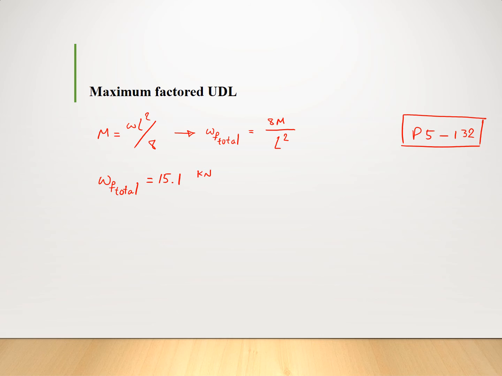15.1 kilonewton per meter. Now if I want to calculate the factored live load, it will be factored total minus omega factored dead load, so it will be equal to 15.1 minus 1.25 times 0.514, which is self-weight.